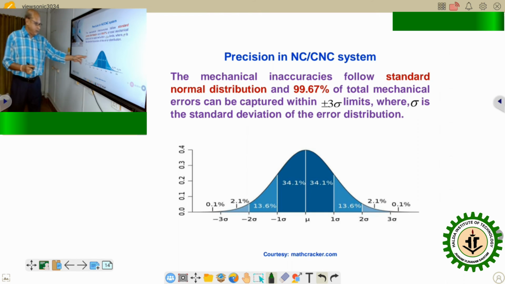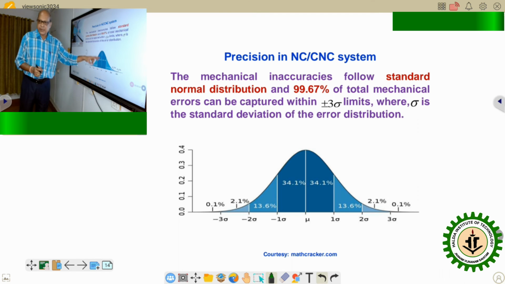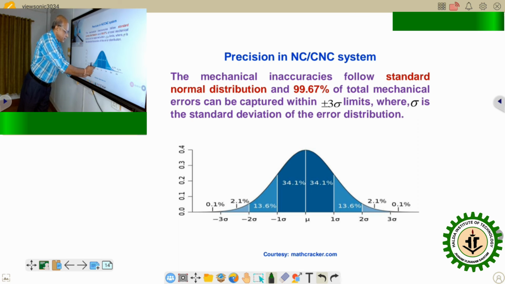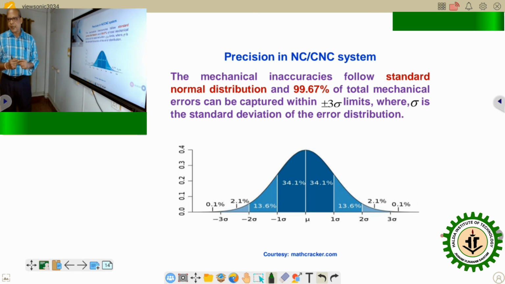You are well aware that it is a bell-shaped symmetrical curve. This is your mean and sigma is the standard deviation. So plus minus 1 sigma, that means 68.2% of the error can be captured within plus minus 1 sigma.